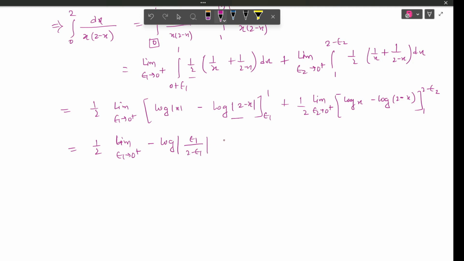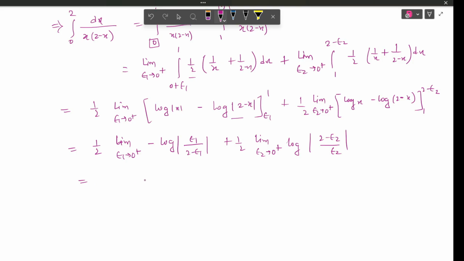Okay, plus half of limit epsilon 2 tends to 0 plus, it would be log of 2 minus epsilon 2 by epsilon 2.